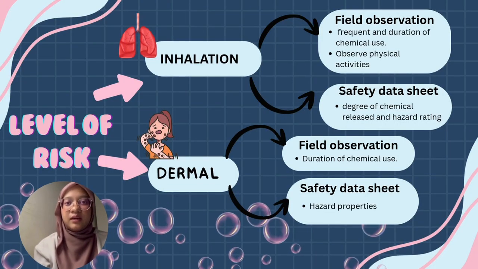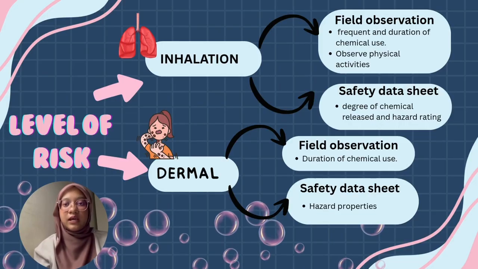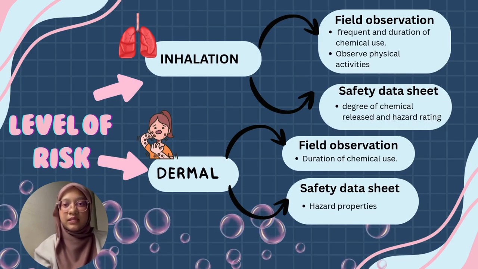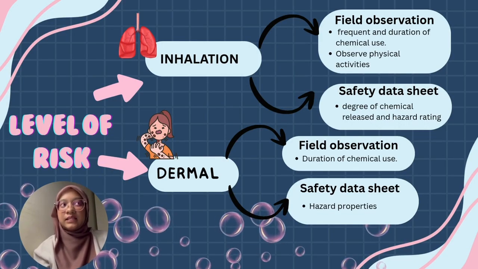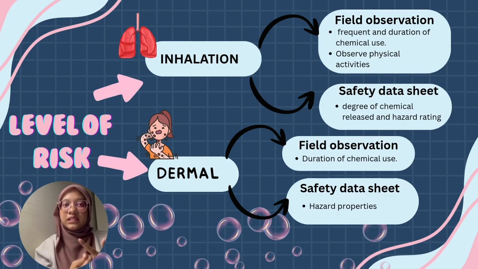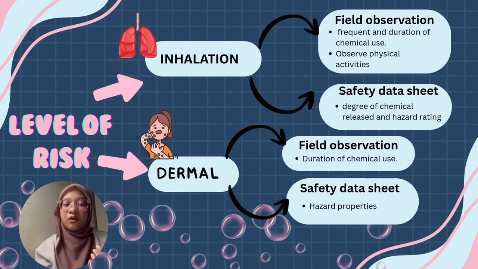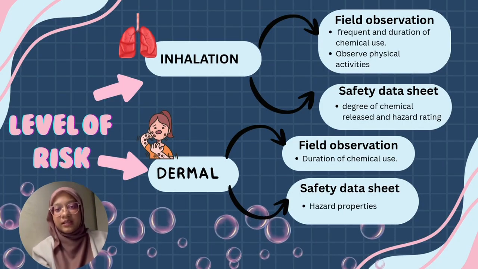Next, for dermal, during field observation, we note the duration of chemical use, and for hazard properties, we refer to SDS. Whether the chemical is an irritant, corrosive, sensitizer, has toxicity, combined effect, or absorption, and other properties.